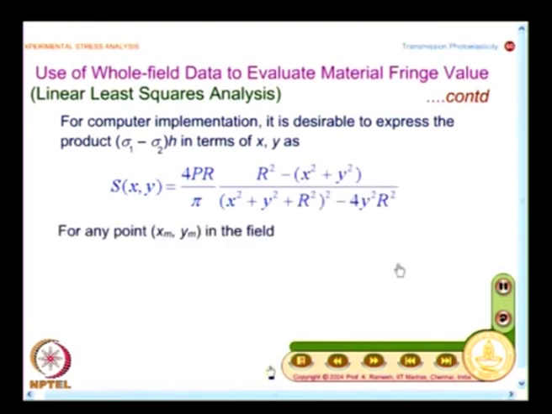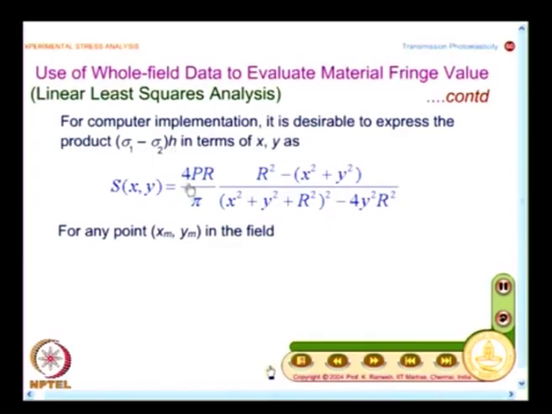So, what I have is, we already know sigma 1 minus sigma 2 as a long expression, and we recast it as S as a function of x, y, which is nothing but (sigma 1 minus sigma 2) into h.